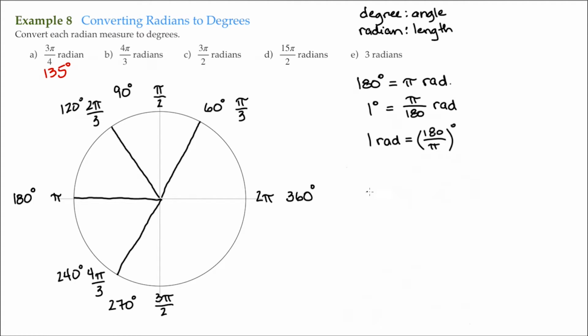But again, we'll go ahead and use our formula. We'll do it algebraically. 4 pi over 3 radians is going to be equal to 4 pi over 3 times 180 over pi degrees.